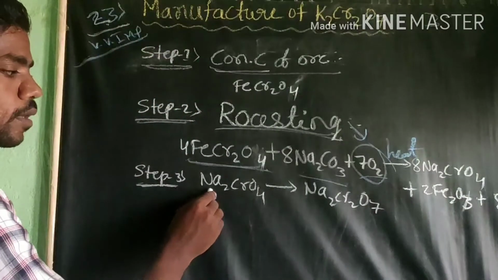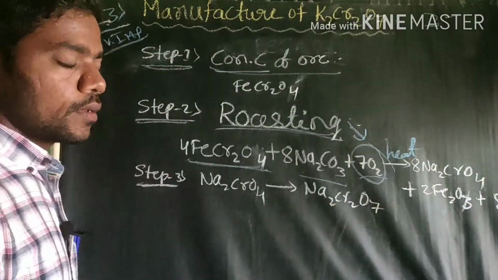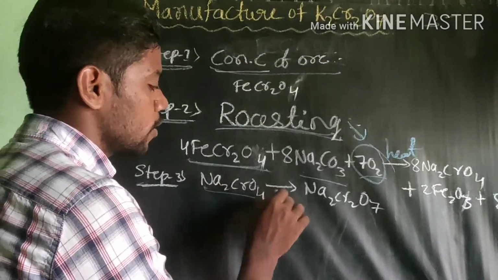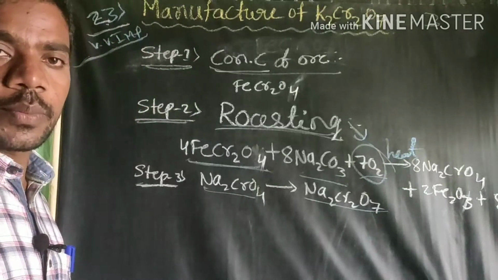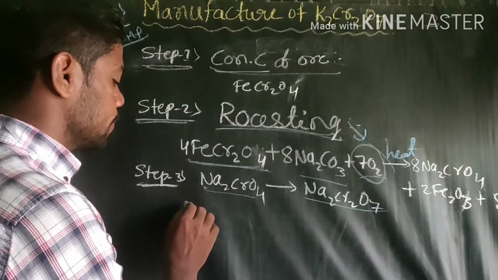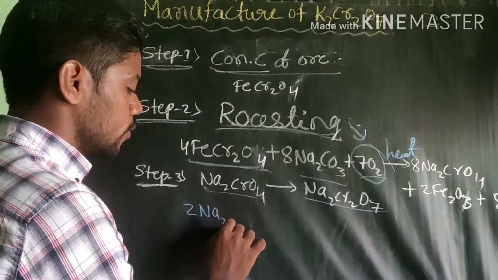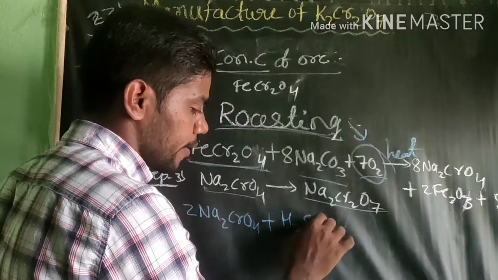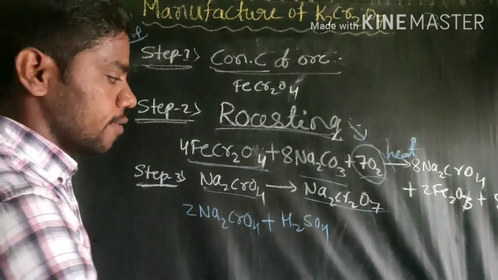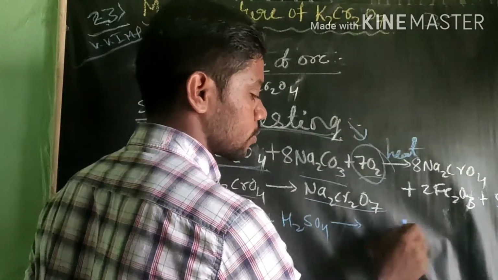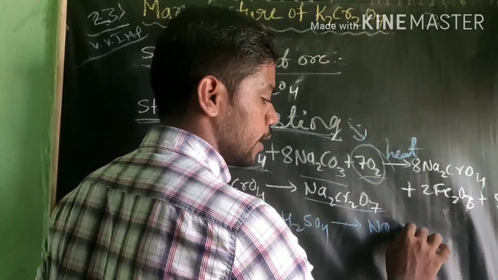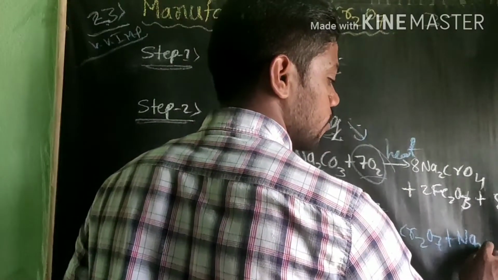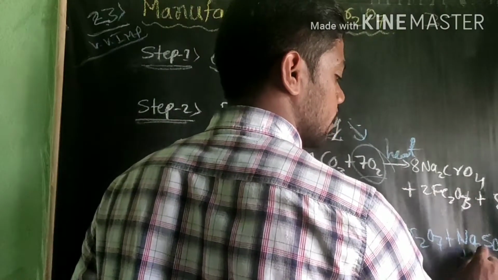How to convert this? 2 Na2CrO4 heated with a strong acid gives rise to Na2Cr2O7 plus Na2SO4 plus water.